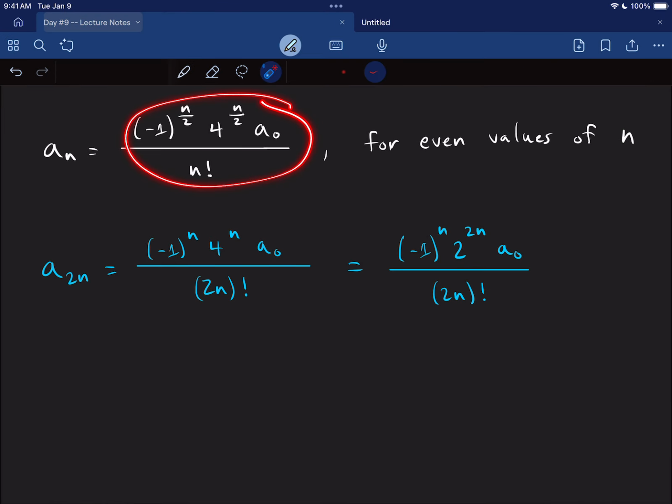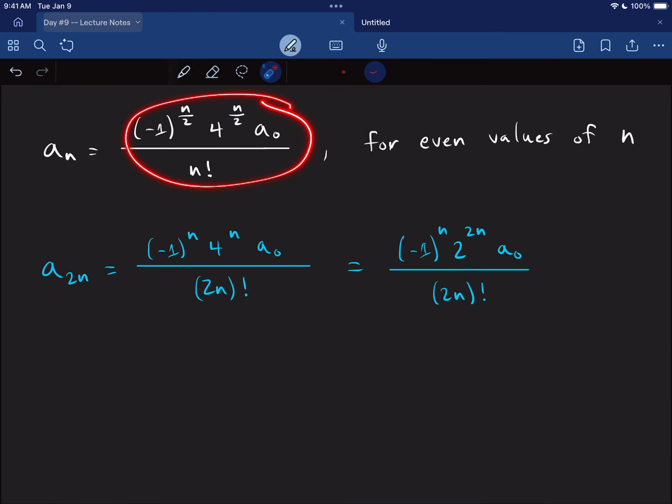We do the same thing that we did for the even n, but instead of replacing n with 2n, I'm going to replace it with 2n plus 1. I'll show this off to the side really quickly. If I plug in a 2n plus 1 in for the n right there, I just get n.